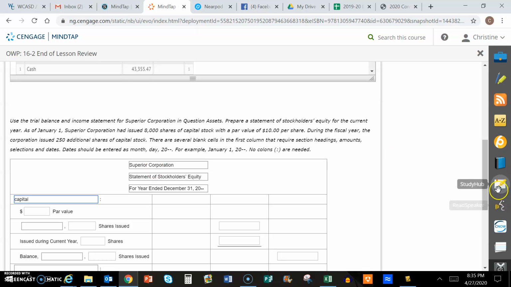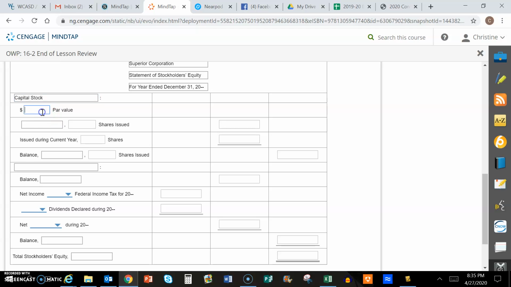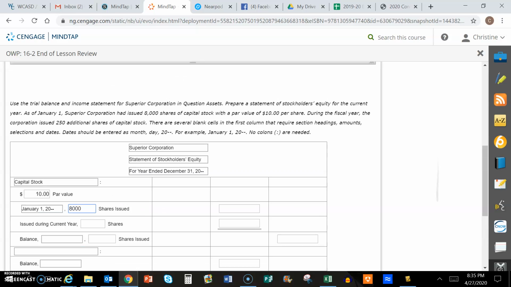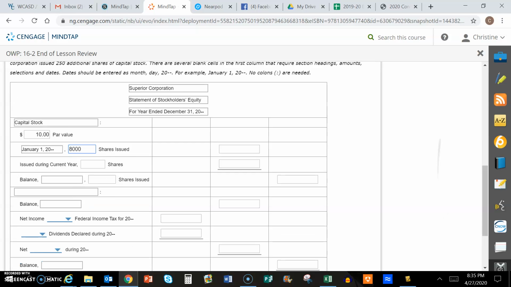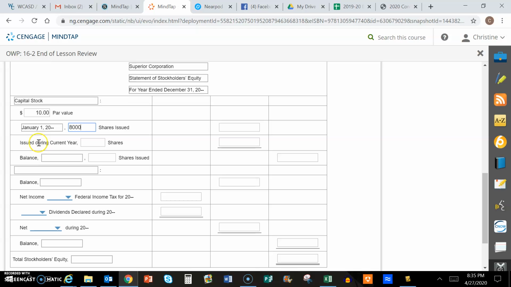If you wanted to see it as you're doing it, you can open the full book on the right-hand side. Capital stock. In the instructions, it said there was a $10 par value. On January 1, 20--, there were 8,000 shares issued, sorry, 8,000 shares issued. Then an additional 250 were issued during the year.